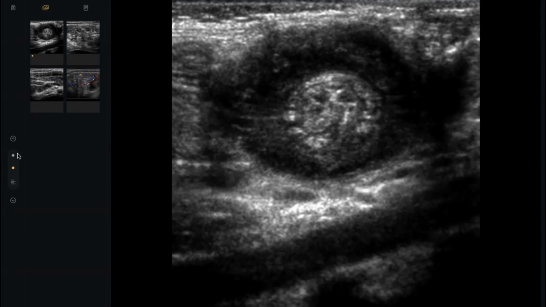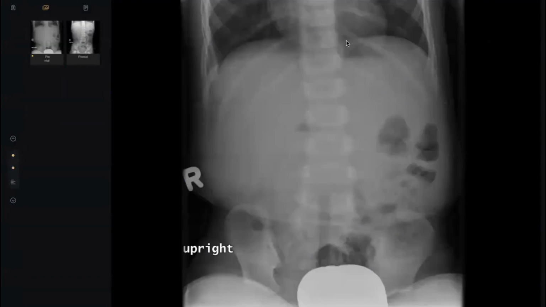Can we do this reduction for this patient, yes or no? Sir, I really don't know. Is this patient fit to do this reduction or not?